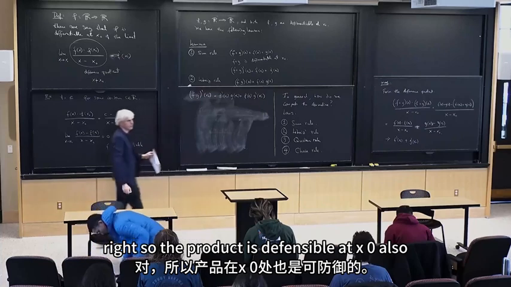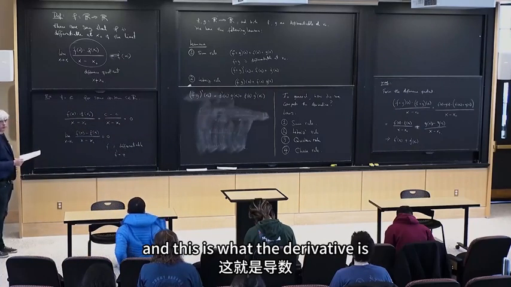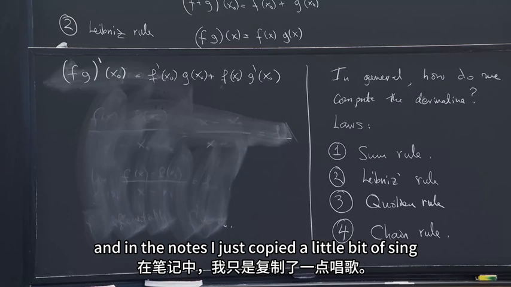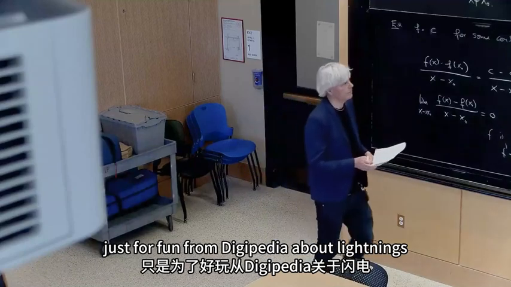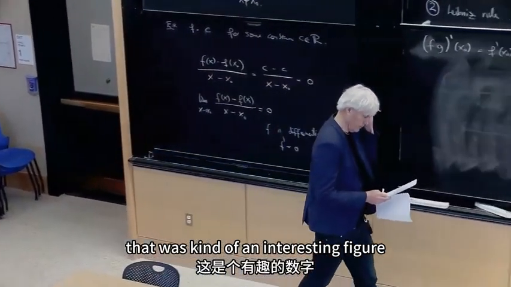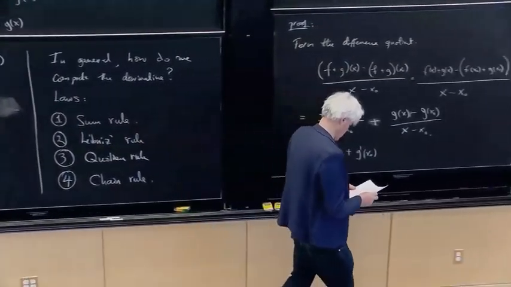So the product is differentiable at x0 also, and this is what the derivative is. And in the notes, I just copied a little bit, just for fun, from Wikipedia about Leibniz. That was an interesting figure and played an important role a long time ago.